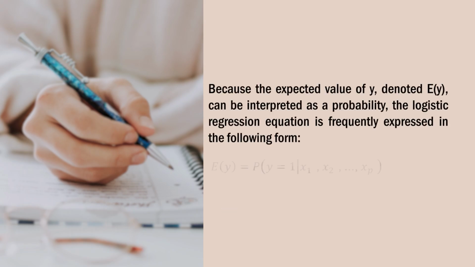When we convert this, we can write it as the expected value of y, denoted as E(y). It can be interpreted as a probability. So frequently the logistic regression is expressed in the following terms: probability of y equal to 1 given x1, x2 and other independent variables.